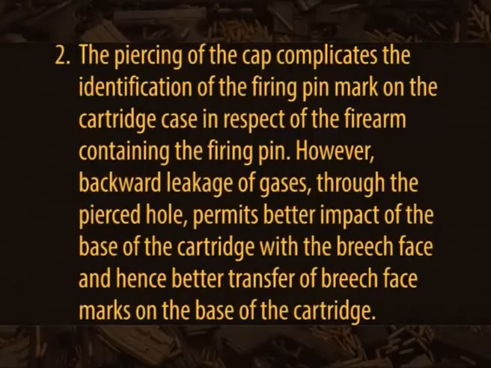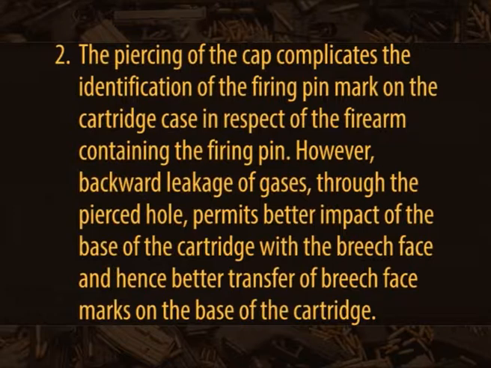This reduces the forward propulsive forces and hence the velocity and the kinetic energy of the projectiles. The piercing of the cap complicates the identification of the firing pin mark on the cartridge case in respect of the firearm containing the firing pin.